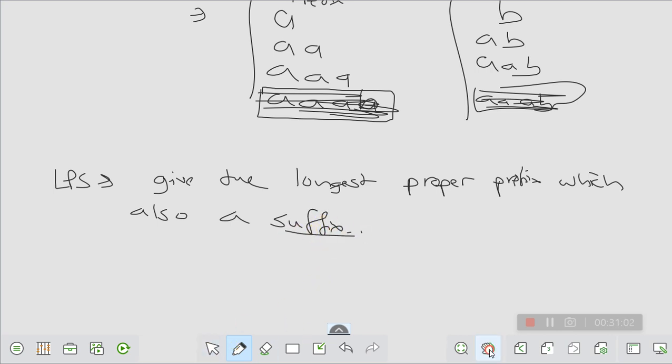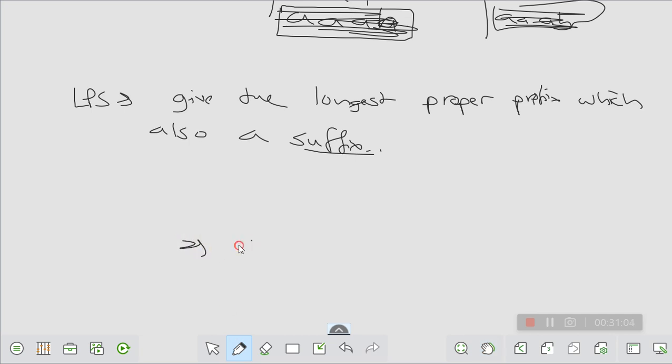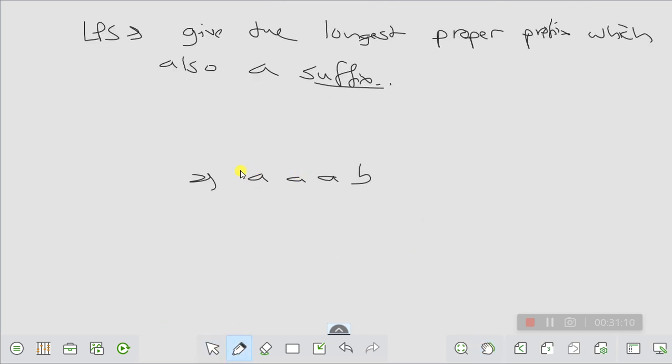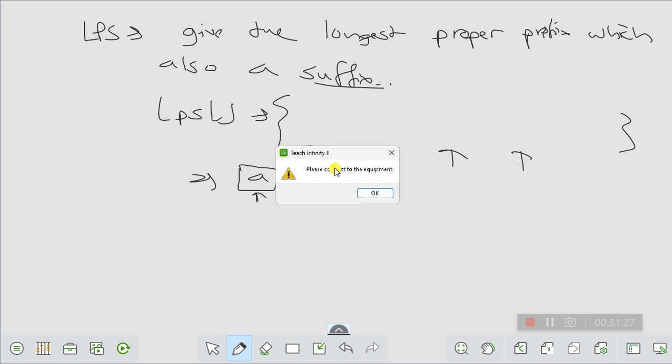So for the string that I have written, AAAB, the LPS array is something which is an array. For each index, it stores that till string at index i, what is the longest proper prefix and suffix that I have.